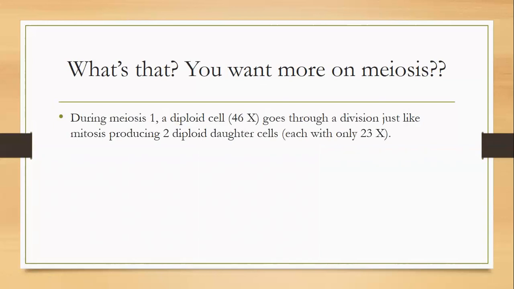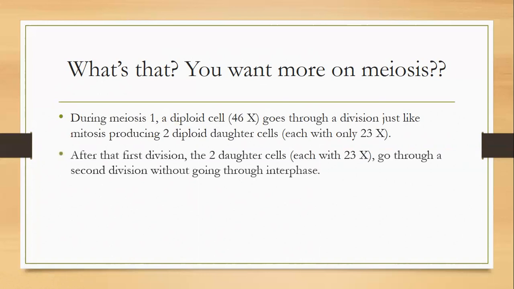Again, during meiosis 1, a diploid cell, 46 chromosomes, goes through a division just like mitosis, producing 2 daughter cells with 23 chromosomes each. After the first division, 2 daughter cells, each with 23 chromosomes, go through a second division without going through interphase.